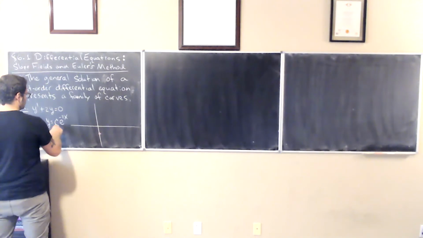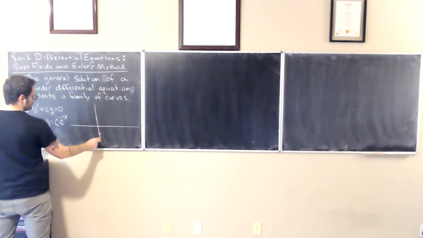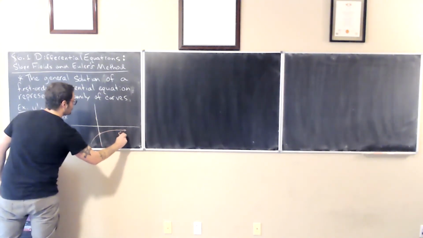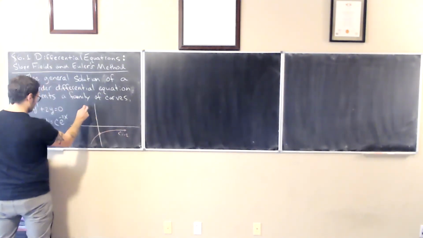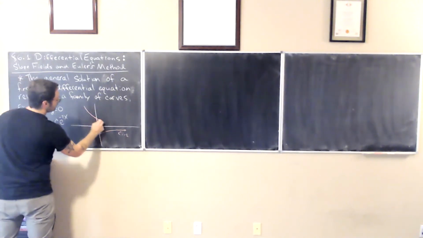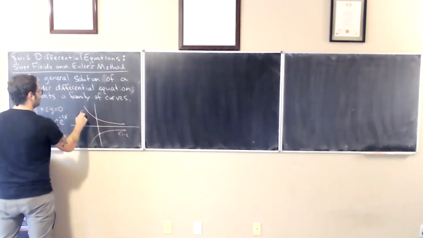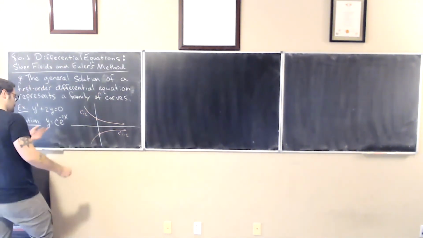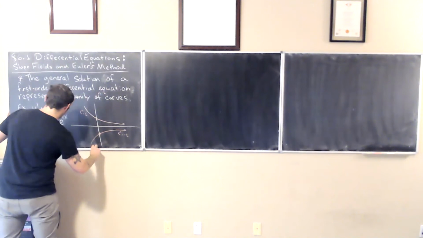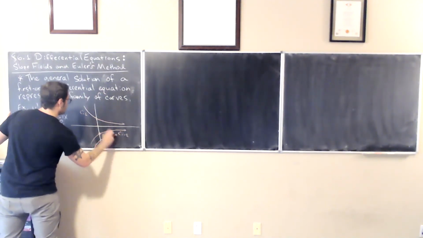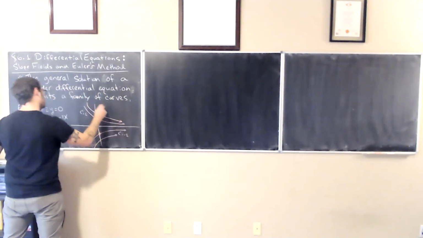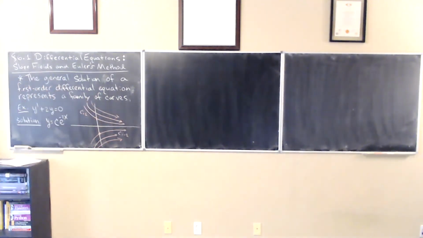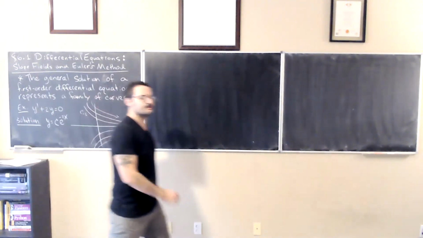When c is positive 1, we're right there. So here's c equals negative 1, and here is c equal to positive 1. But then for c equal to positive 2 and c equal to negative 2, we also have curves. For any choice of c, we have this family of curves.